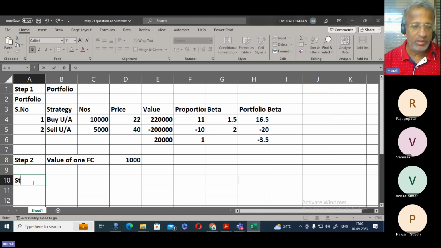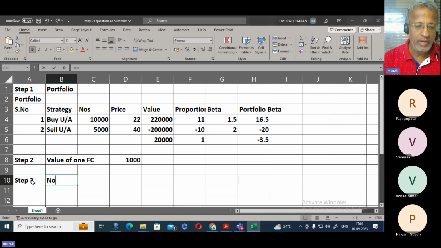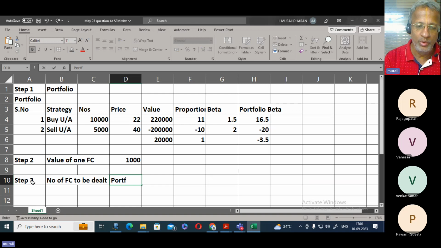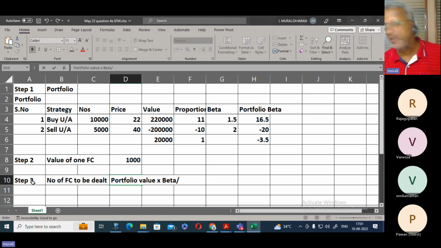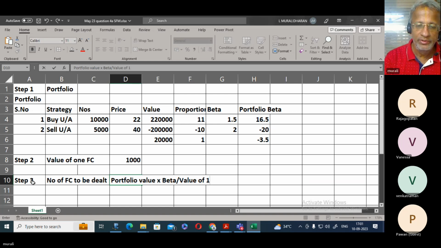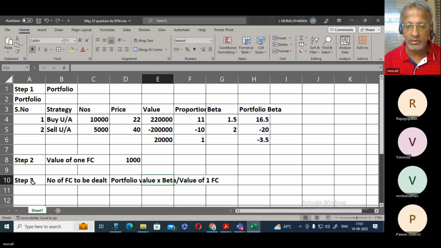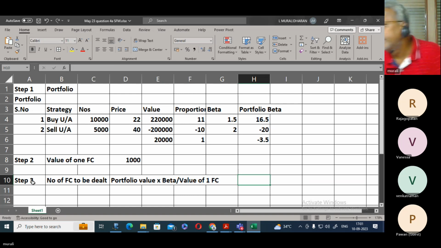We all know the number of futures contracts to be dealt would be portfolio value multiplied by beta divided by the value of one futures contract. Isn't it? Yes or no? Yes, sir.